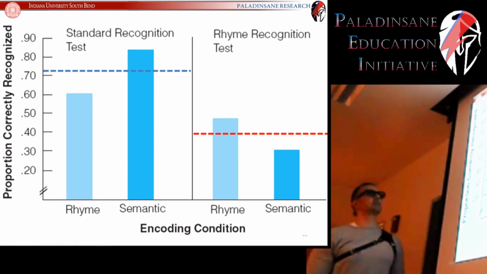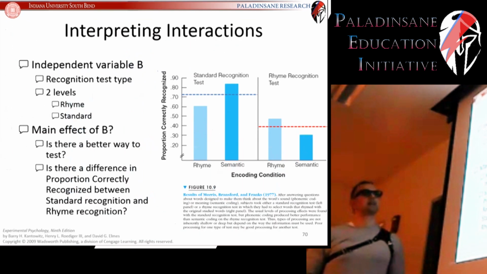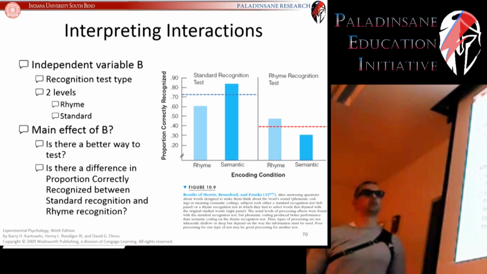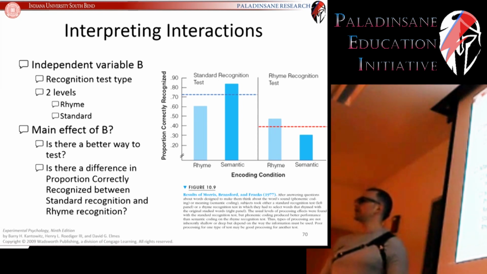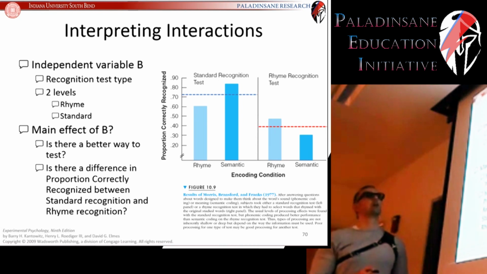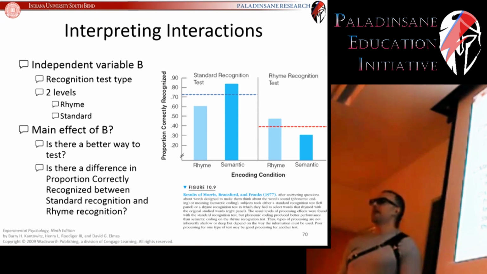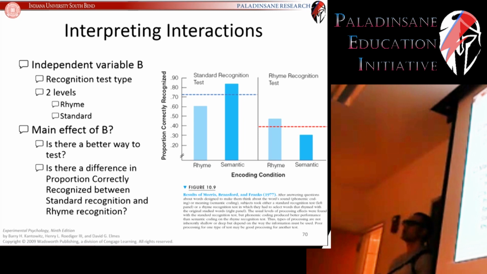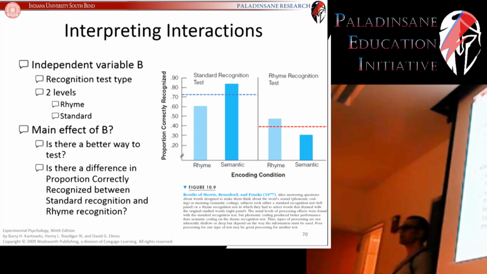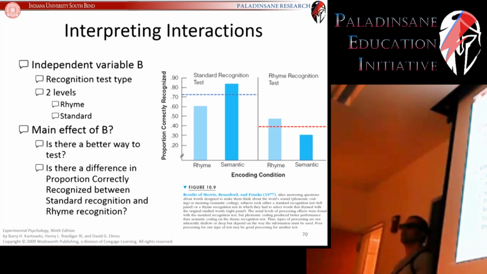So what this effect is telling us is that you will perform better on a standard recognition test than on a rhyme recognition test, regardless of how you've actually encoded. In general, standard recognition is better than rhyme recognition. And that's why typically in school, when you're doing multiple choice tests, they will say, which one of these options do you recognize?